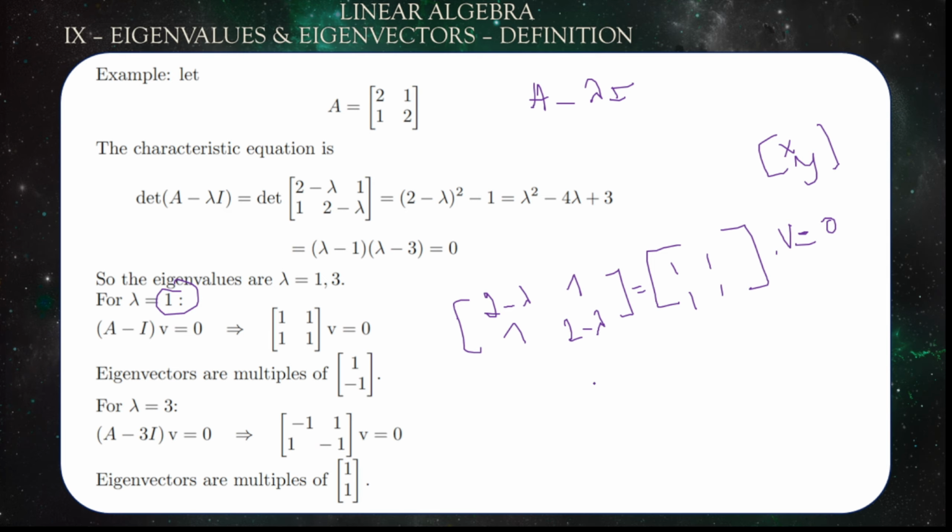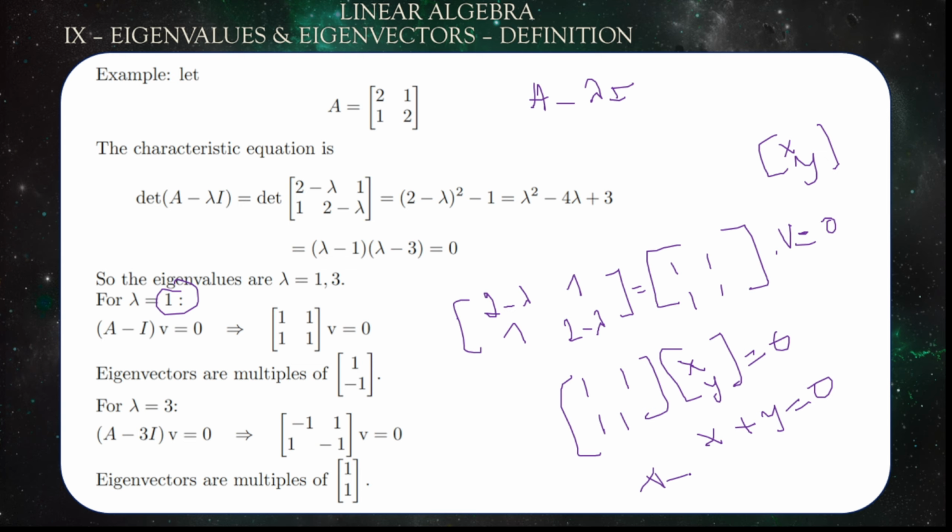So you have 1, 1, 1, 1 multiplied by x, y equals 0. So x plus y is equal to 0 in both equations. Okay, so let's say we let x be 1, which is a fixed value.